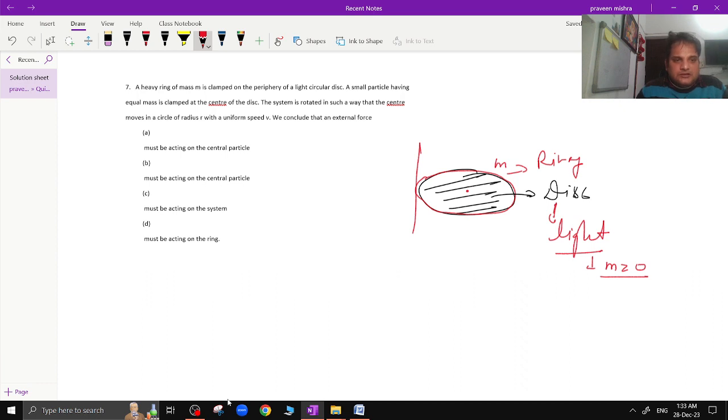Remember that this is not a ring or disk. Now this is basically going to be the system. So there is no meaning of a central particle or ring.